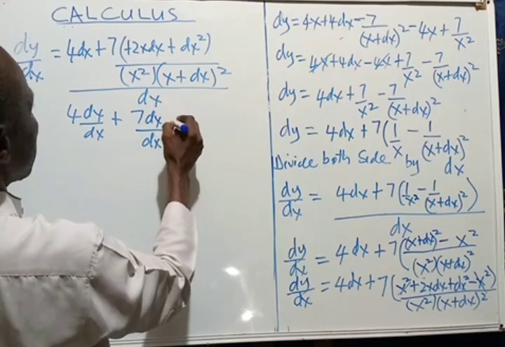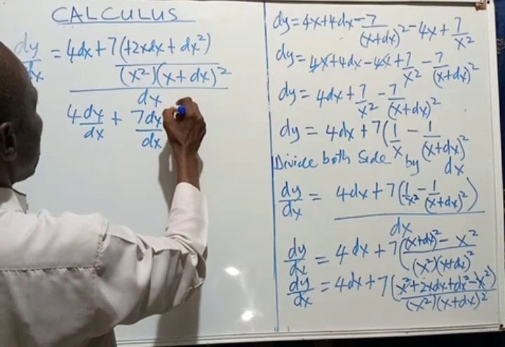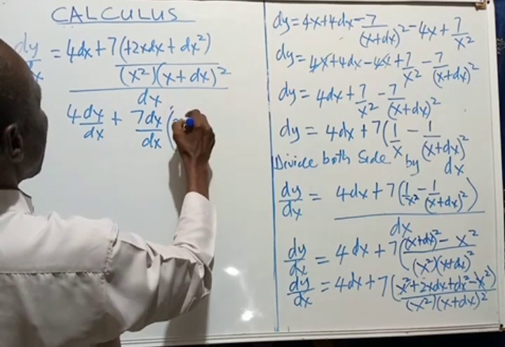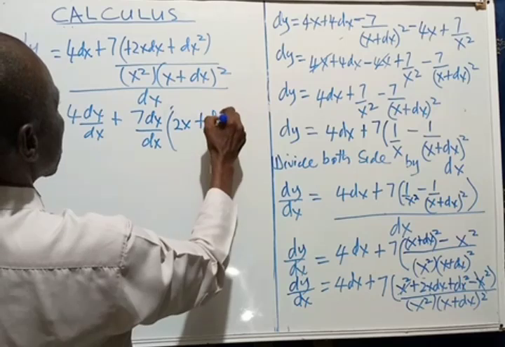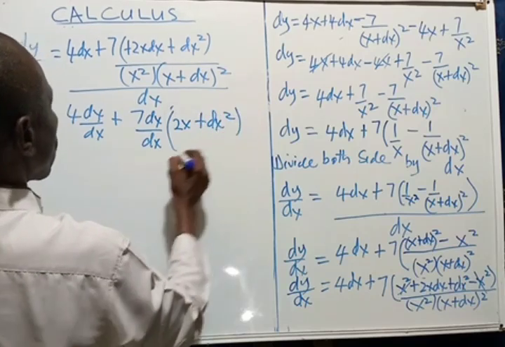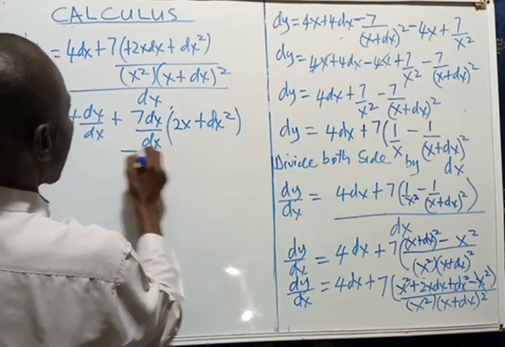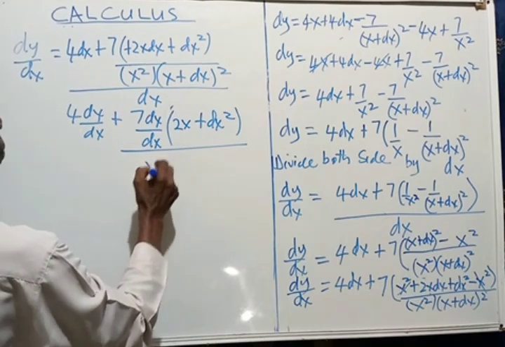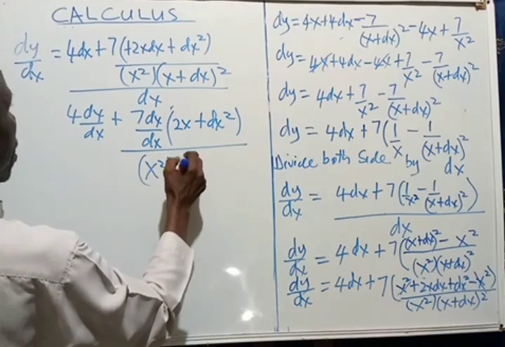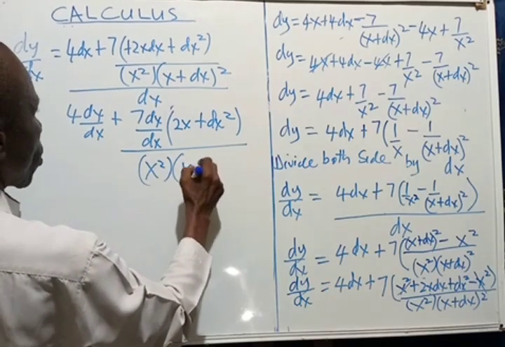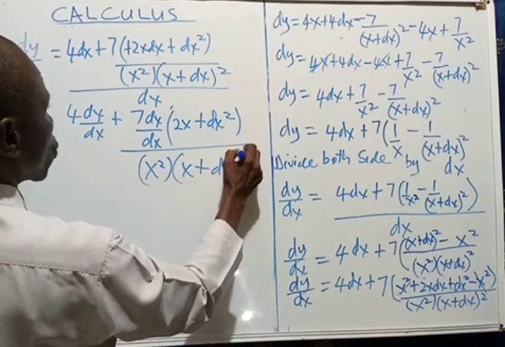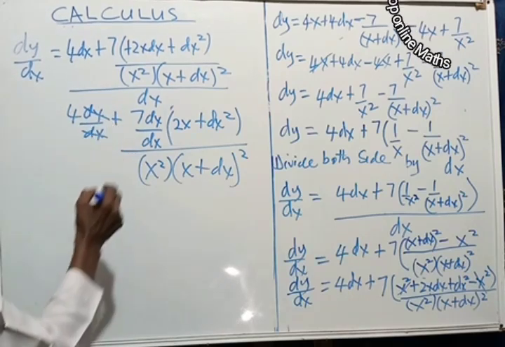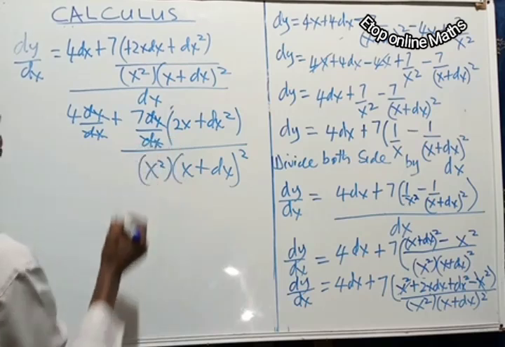I still have my dx here into 2x plus dx squared over x squared into x plus dx raised to power 2. This will go, this will go. This will go, this will go.